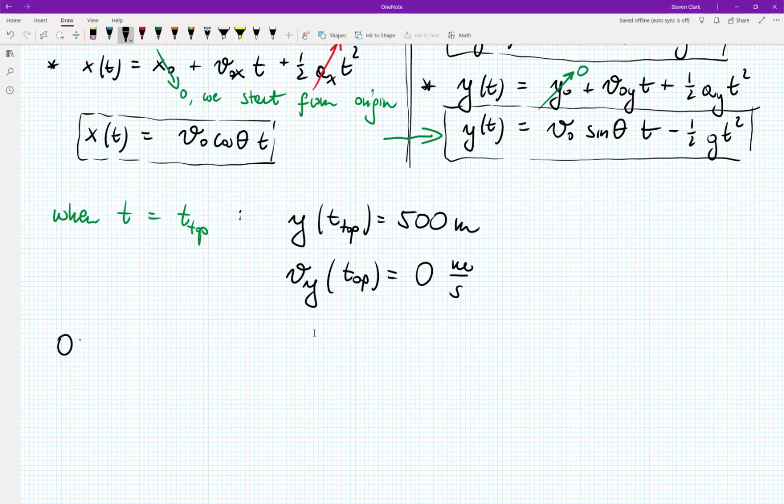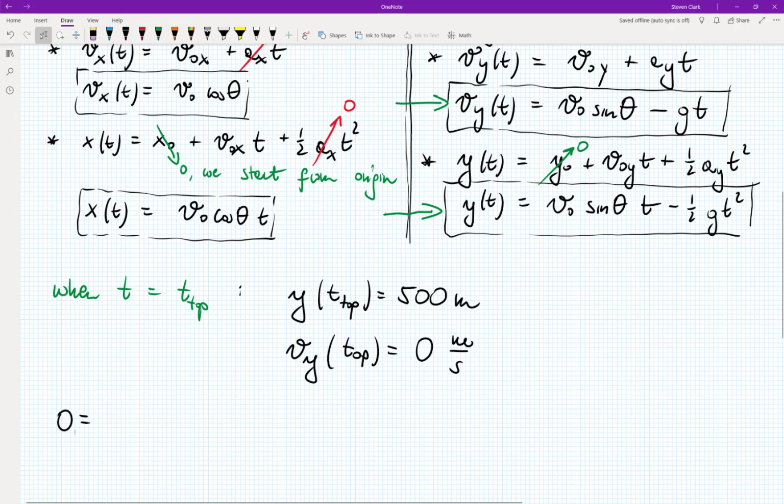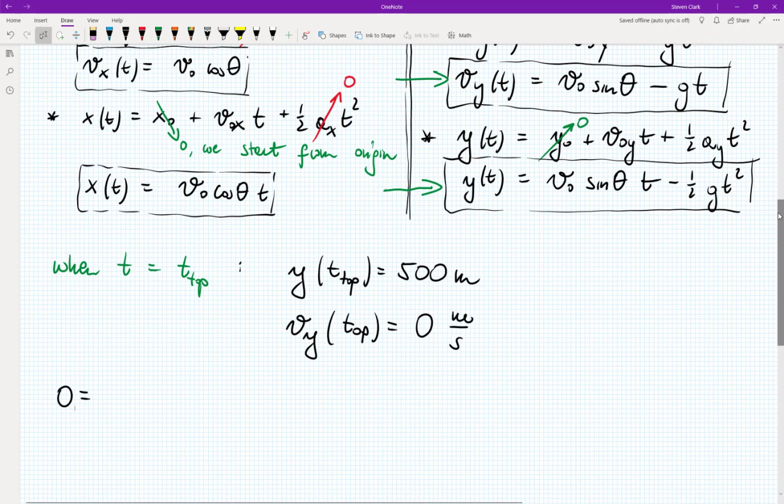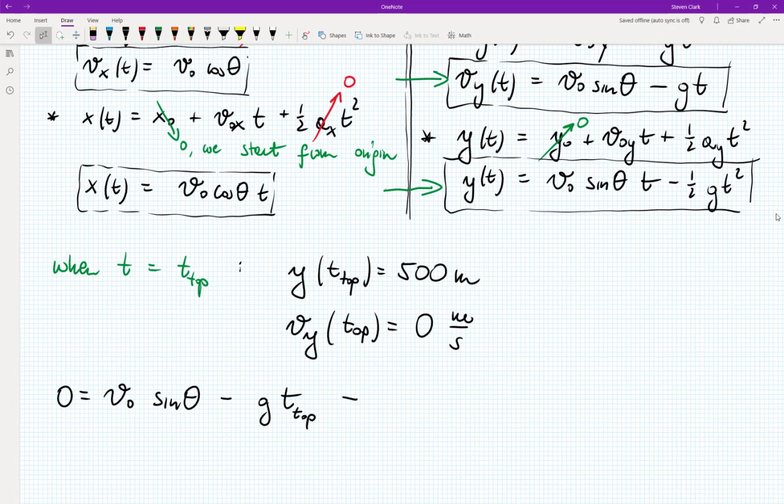We have 0 equal to this expression, 0 will be equal to V0 sine theta minus g t top, and from this we know that our t top will be equal to V0 divided by g sine theta.